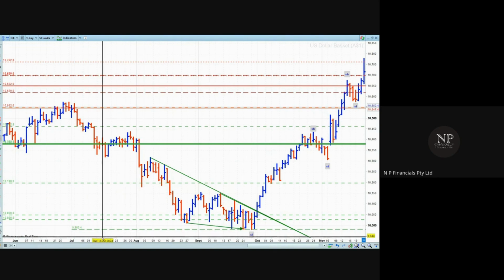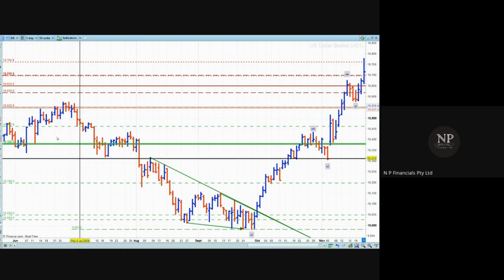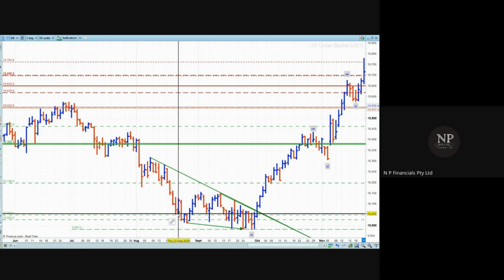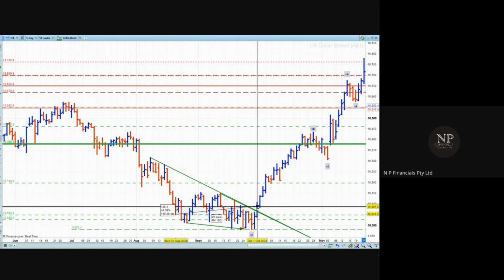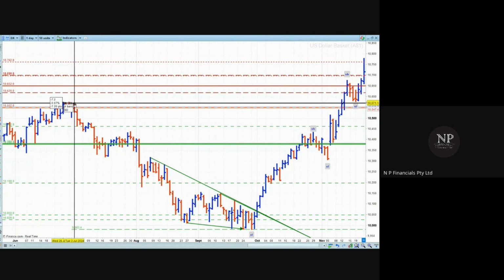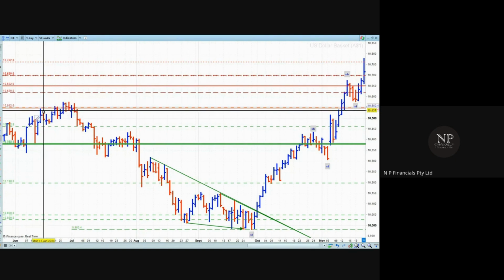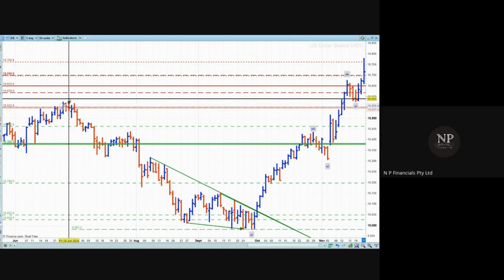And as you know, at NP Financials, we have seen the base formation takes time, and this base formation, if you can see, we call it accumulation. This accumulation phase went for 29 bars, but the distribution phase from here to here is only 5 bars, or even from here to there is only 12 bars. So the distribution phase at the top, at the double top.